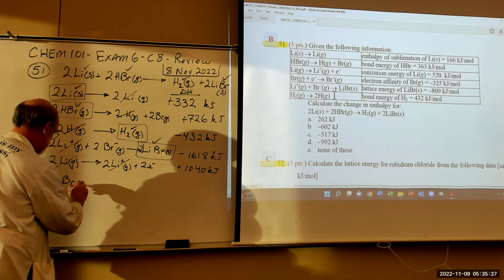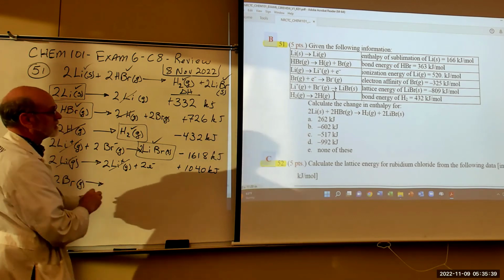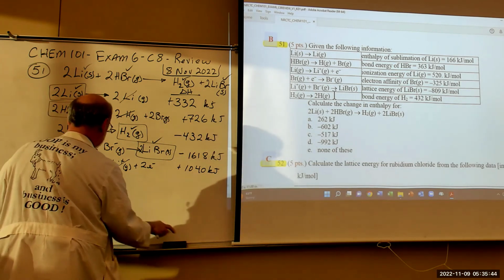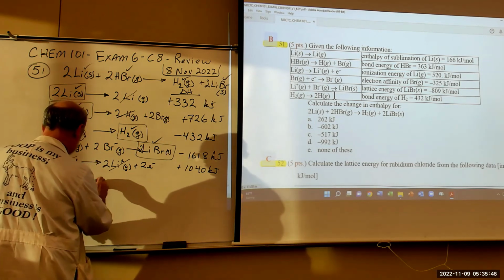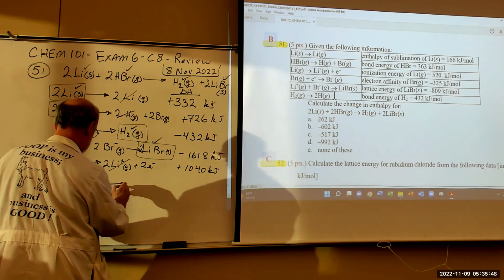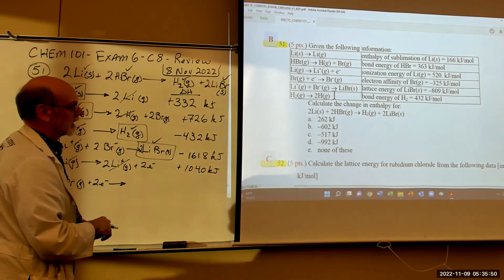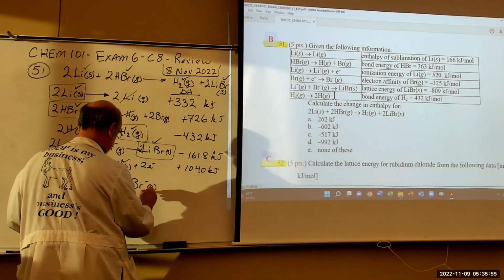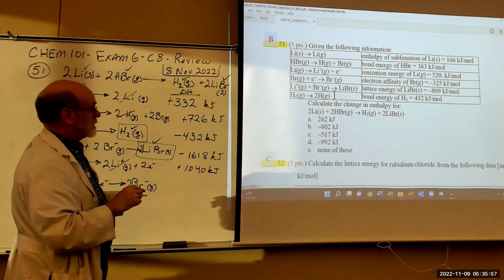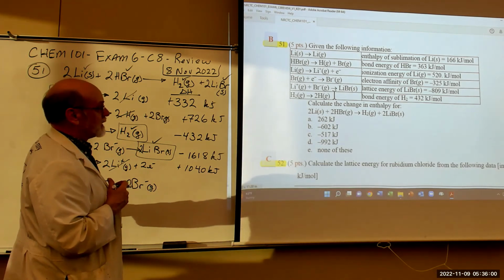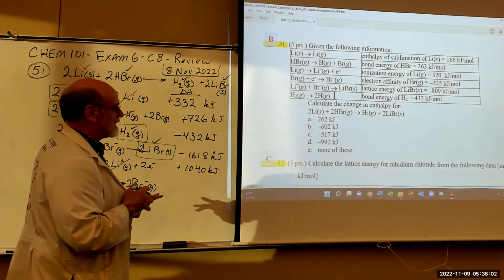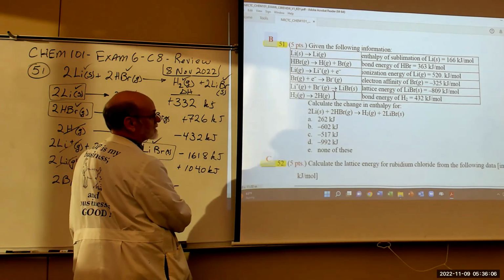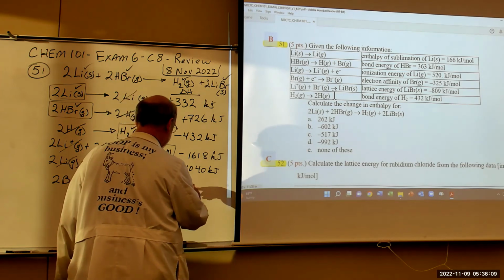Two bromine gas yields, oh, excuse me, 2 electrons. This is electron affinity for bromine. There we go. So we didn't have to flip it. So we just need to multiply minus 325 times 2, minus 650.